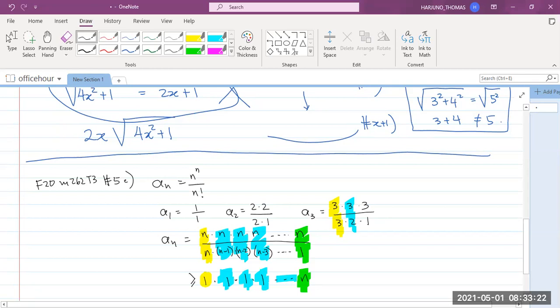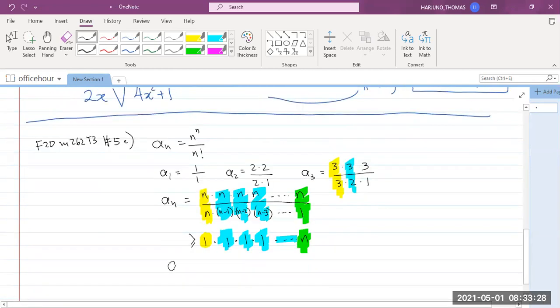Do you see that? Okay. Then what happened here? Then a sub n is greater than or equal to n, but n goes to infinity, so a sub n not only diverges, it diverges to infinity.